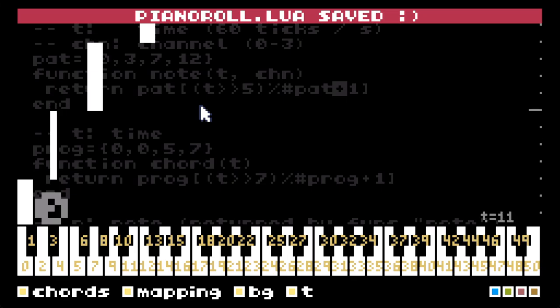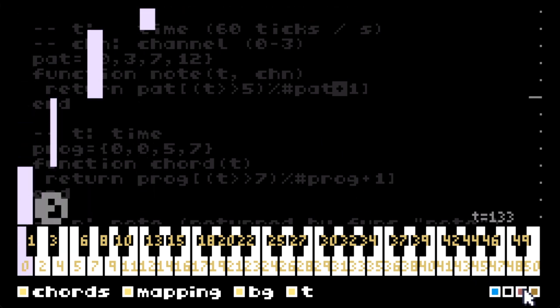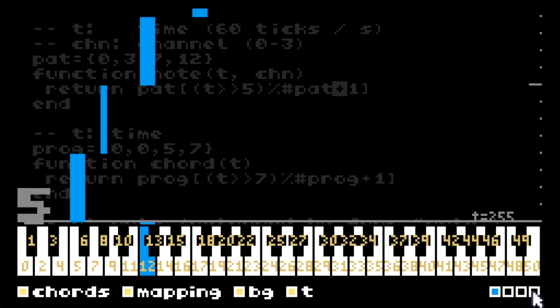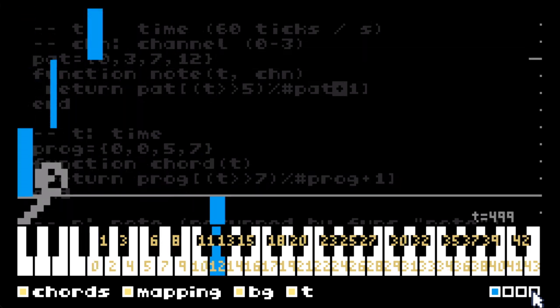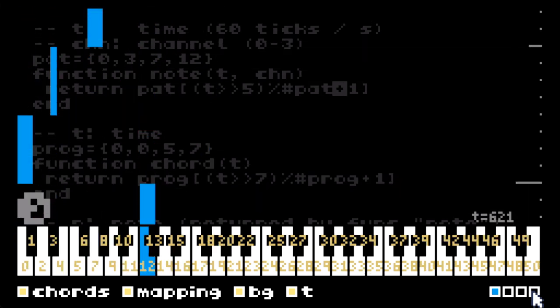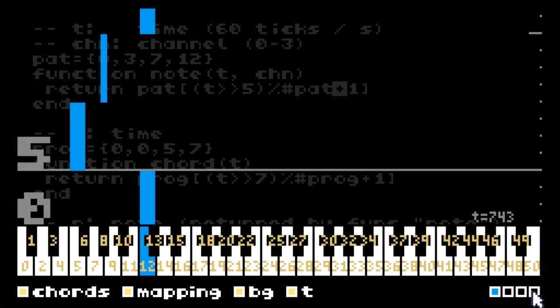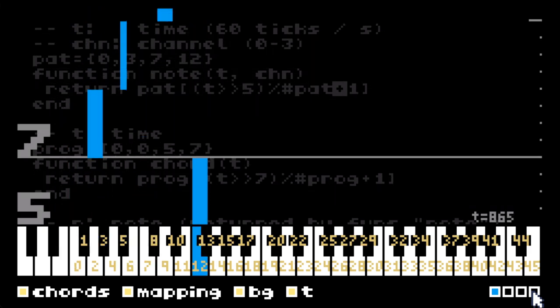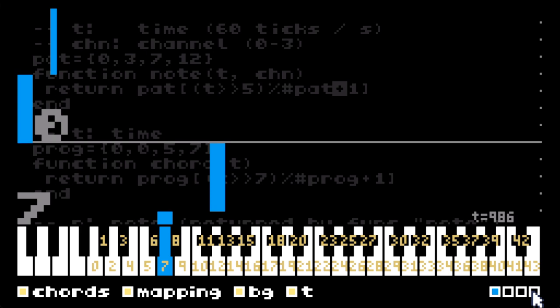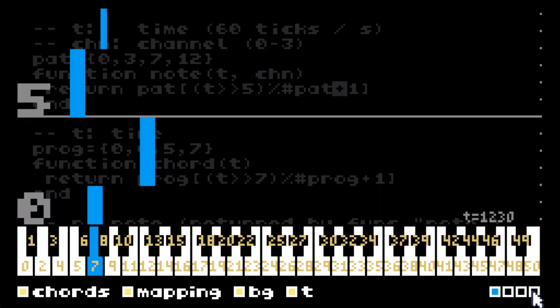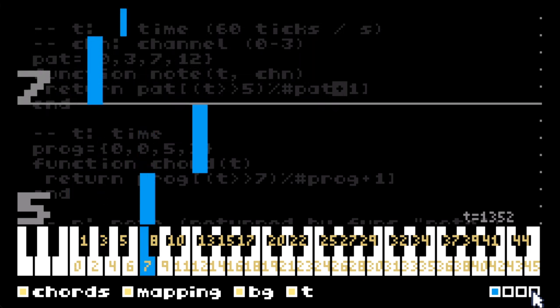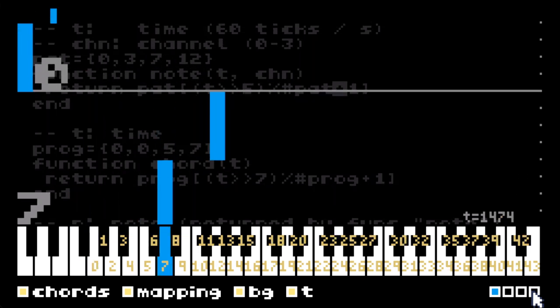And now we get this minor chord progression where we are arpeggiating the minor 1 chord, and then we are arpeggiating the minor 4 chord, and then we are arpeggiating the minor 5 chord.